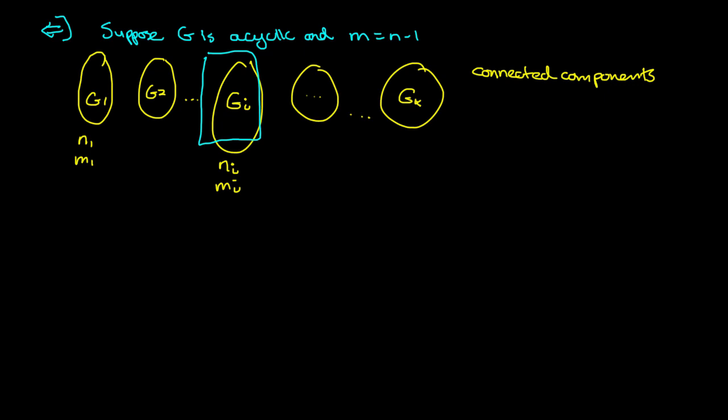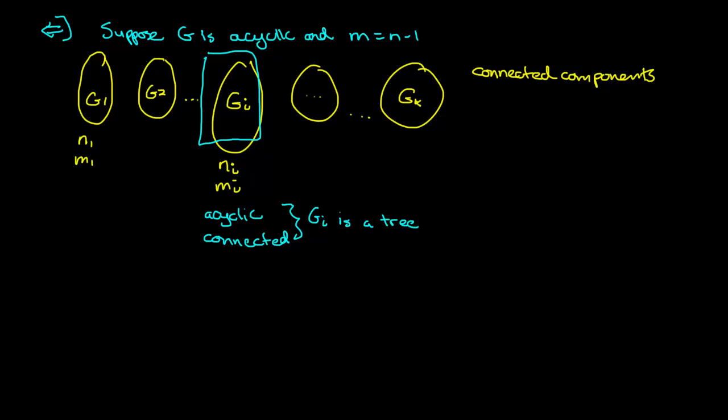This GI happens to be acyclic. Why is it acyclic? Well, the whole graph is acyclic, so there certainly cannot be a cycle in one of the components. So it's acyclic, but it's also connected. So by very definition, we know that GI, this component, is a tree.